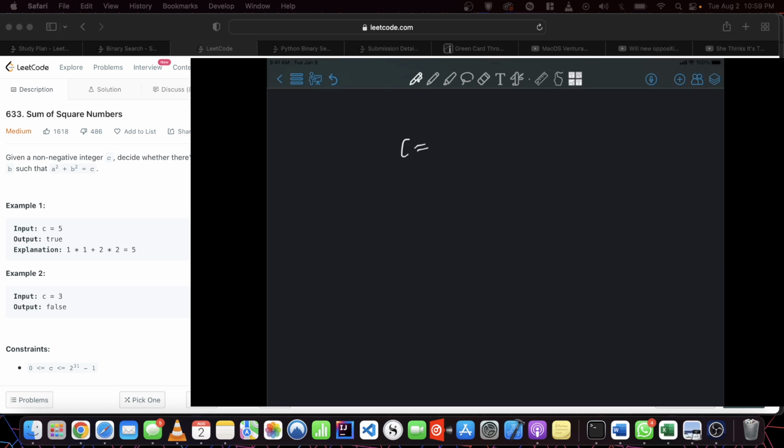Now, about our search space. If c was 25, then the square root of 25 is the largest possible value of a or b. If you have any number larger than the square root of 25, which is 5, as a or b, this won't work out.